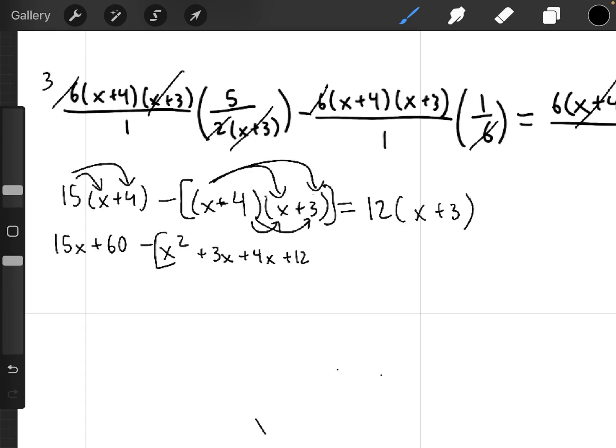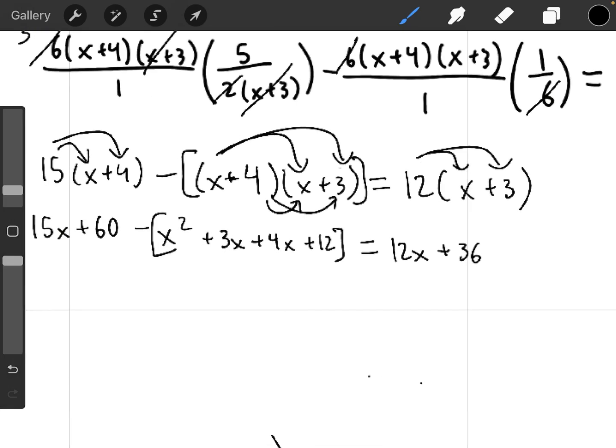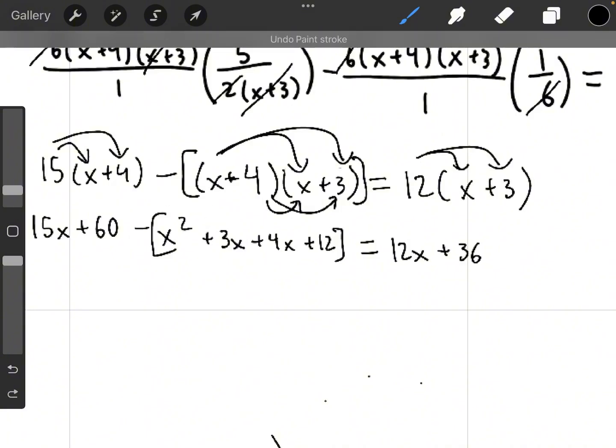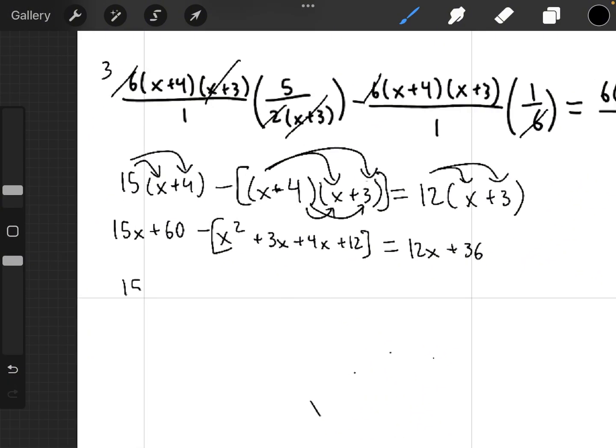Now remember that there's a whole negative outside that bracket, but we'll come back to this in a bit. Now 12 distributed to x is 12x plus 36. Now this negative will distribute across all the terms here, so we'll rewrite 15x plus 60 minus x squared minus 7x minus 12 equals 12x plus 36.